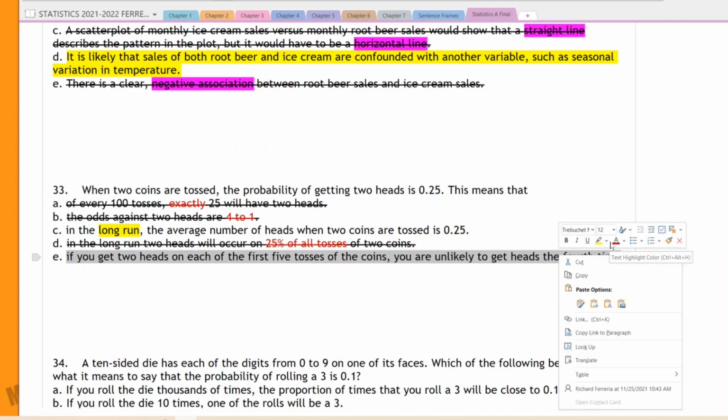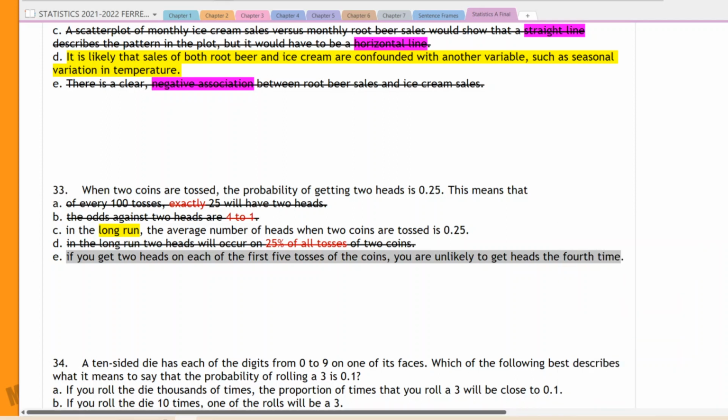They like to say that the coin has no memory. So it doesn't matter what happened before. The probabilities are always going to be the same with individual tosses. The likelihood of getting a head on that fourth time is still going to be 0.5 actually. So this is correct here. We're going to go with that one.